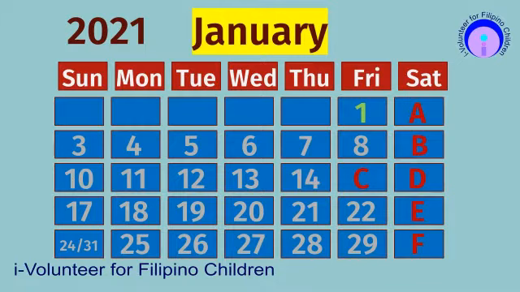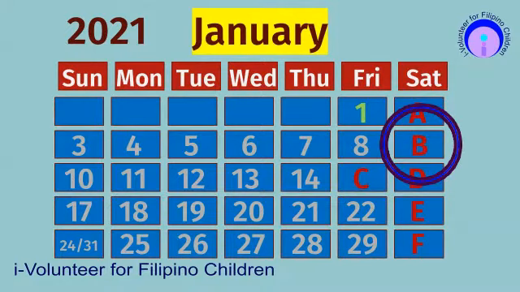Naintindihan ba natin, class? Letter A represents January 2, 2021. Why January 2? After January 1, 2 is the next date. B is 2 plus 7 is equal to 9.